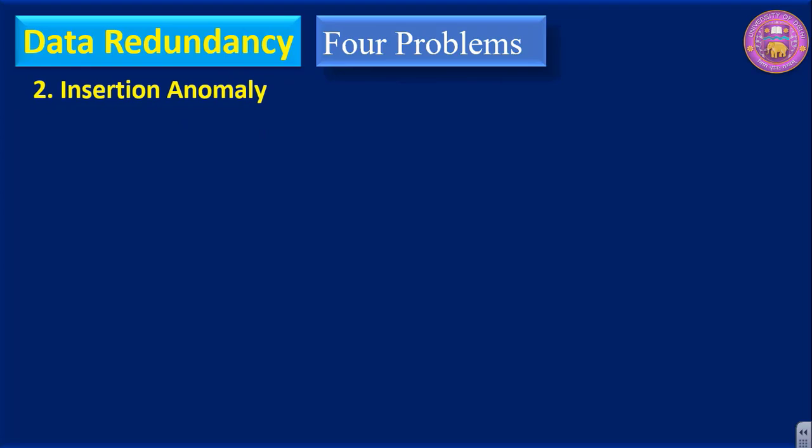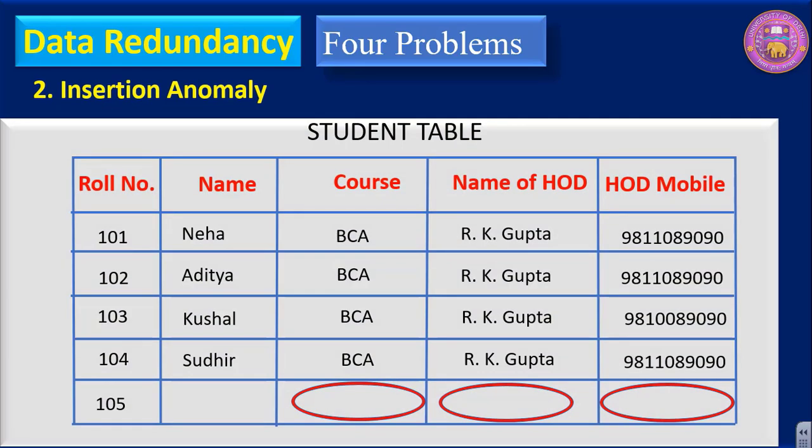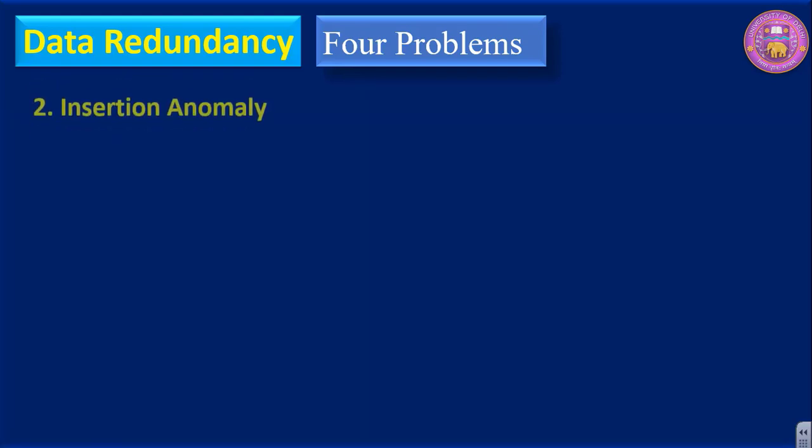The second is insertion anomaly. Now look at the same table. If we enter once again VCA in the course field, and in the name of HOD again RK Gupta and in the HOD mobile the same phone number, in that case it is termed as insertion anomaly. What is exact insertion anomaly?